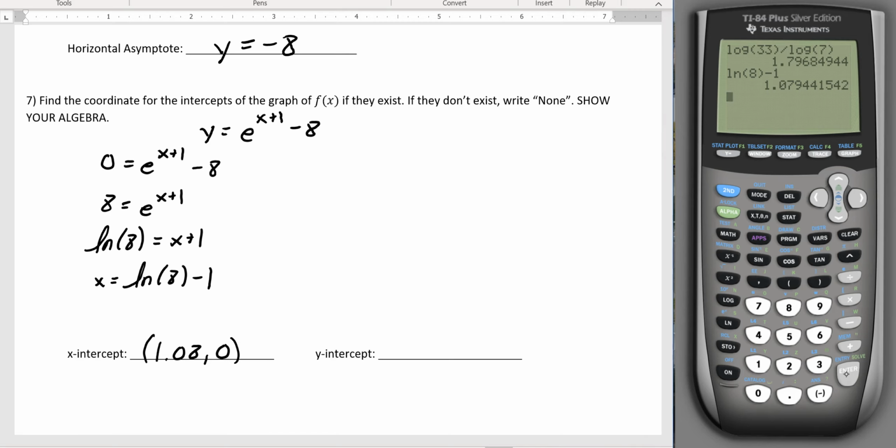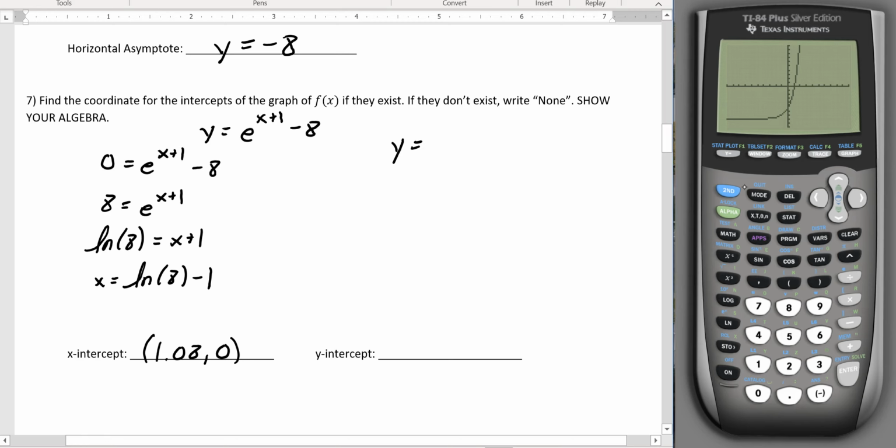Very good. My y-intercept, looking at my graph, I know that a y-intercept exists here. Not sure, it'll be around something, but we can figure that one out pretty easily. So remember to find our y-intercept, we set x equal to 0. So y will equal e to the 0 plus 1 minus 8. Well, 0 plus 1 is just 1, so e to the first minus 8. e to the first is just e.